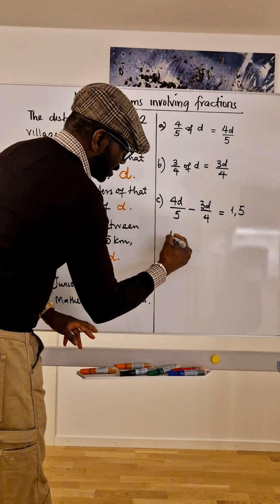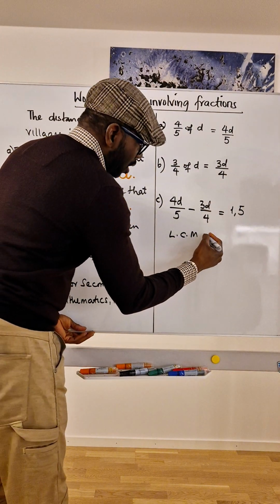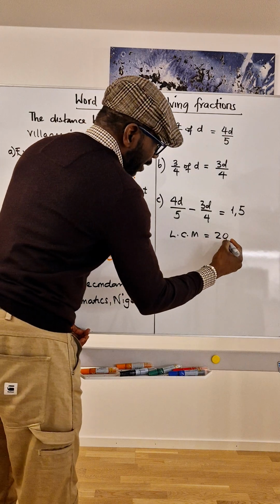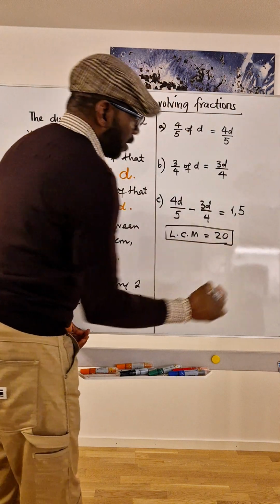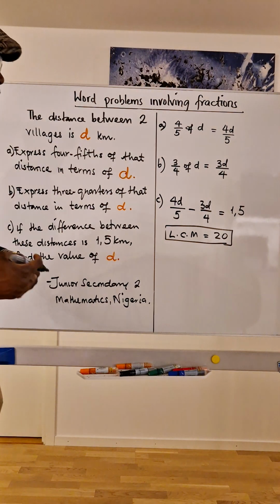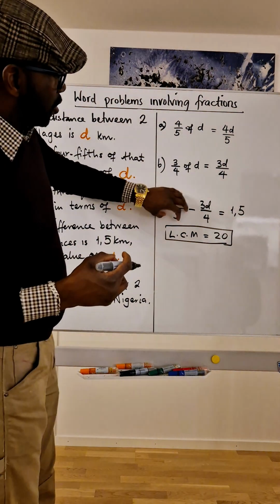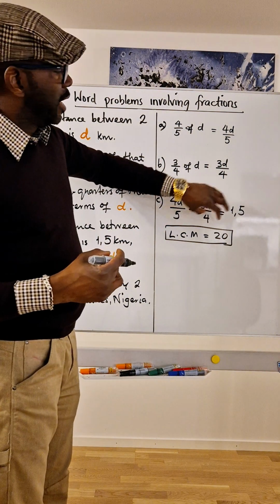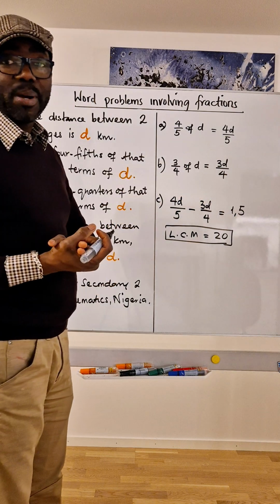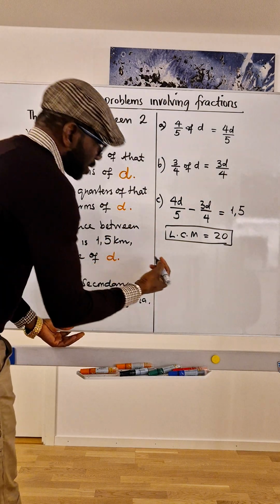So the LCM of 5 and 4 is 20. So I'm going to multiply every term that I have here with 20, and I'm going to multiply also 1.5 by 20. So it will look like this.